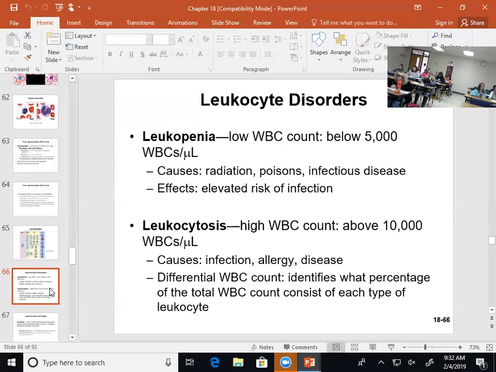But most of the time you're thinking about low counts because of radiation, poisons, and certainly if you don't have enough white blood cells circulating around, if you have dropped below 5,000 per microliter of blood, maybe down to 1,000, that's really low. I've seen people with less than that.